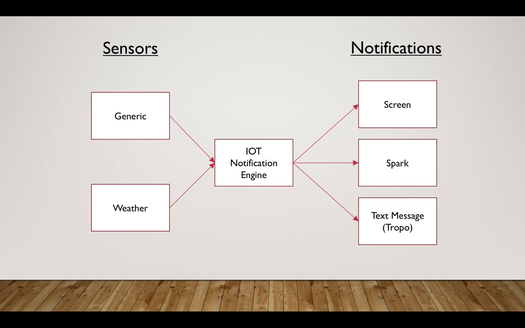Not very useful for an IoT-enabled router, but for debugging purposes, it's very useful. Another one is a Spark notification, so whenever a true sensor hit occurs, we will send a message to a Spark room. And then finally, there's a text message notification using the Tropo API, so whenever a true sensor hit occurs, it'll text a person.